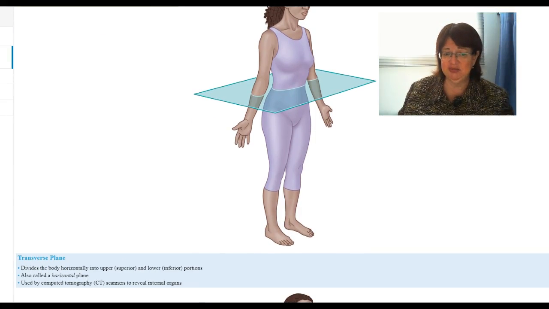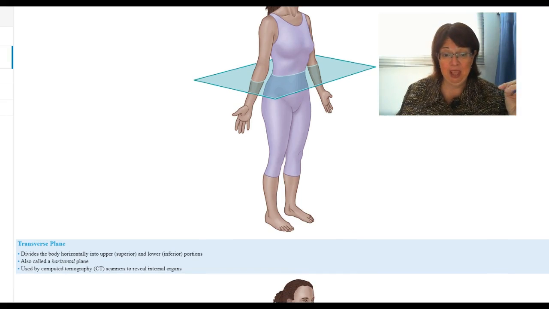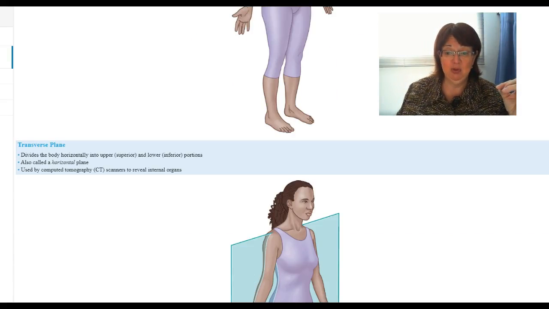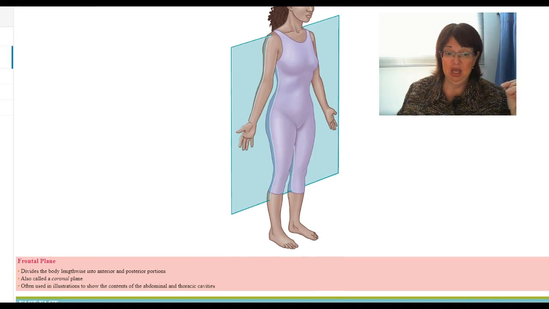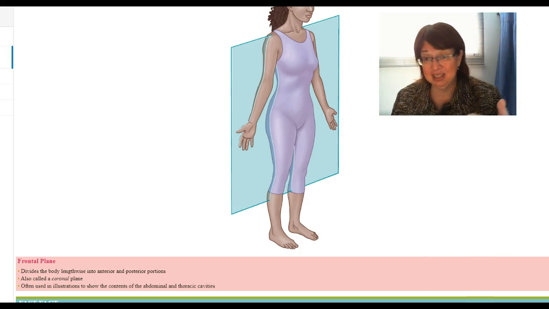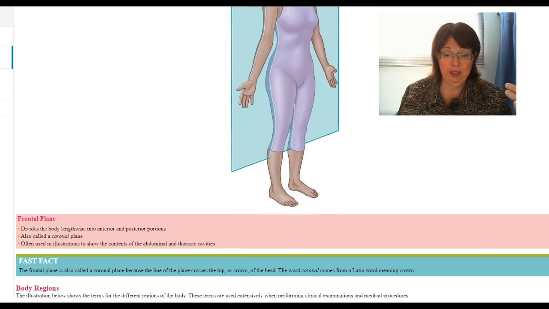If you go transverse, you're going horizontal, and you end up with an upper and lower. And this is very common in a CT scan. And then you also have the frontal plane. So the frontal plane is very good for brain scans, especially. Okay? Good.